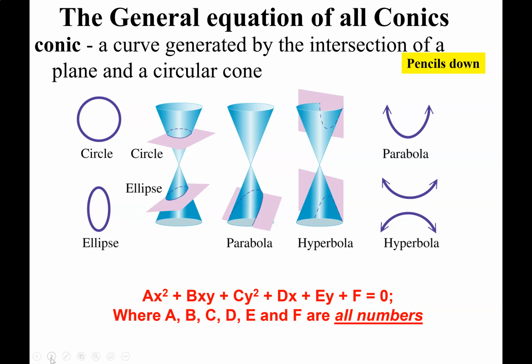That's what's going to create your circle, ellipse, parabola, hyperbola. The general equation is ax squared plus bxy plus cy squared plus dx plus ey plus f equals 0, where a, b, c, d, e, f are all real numbers.